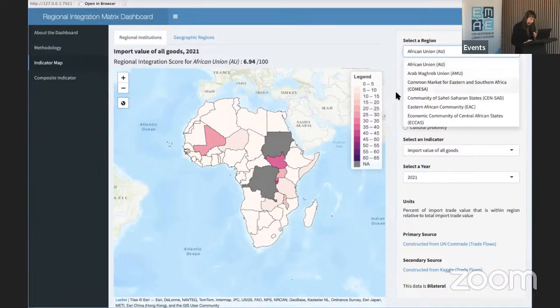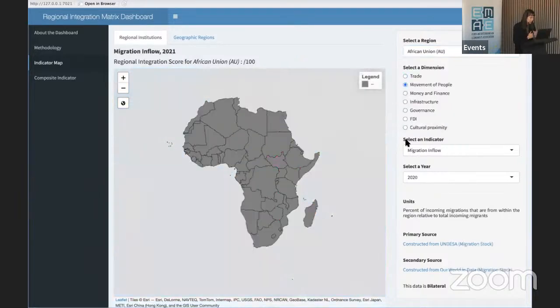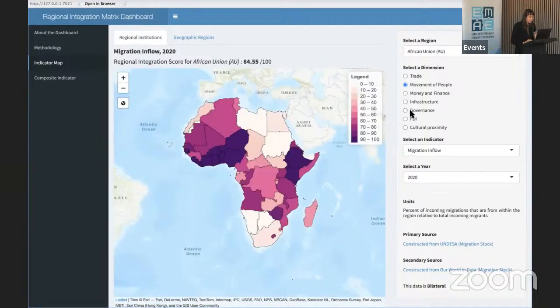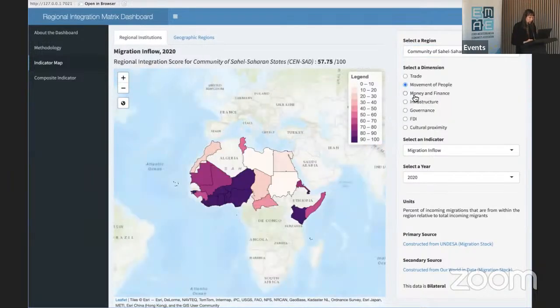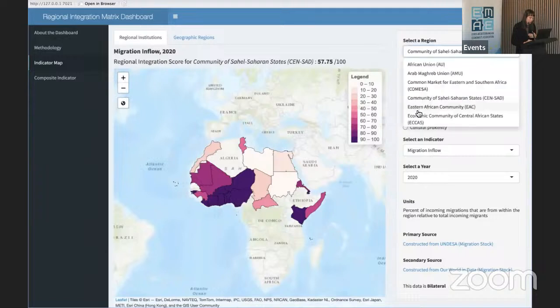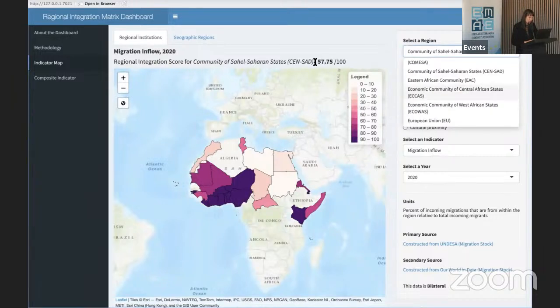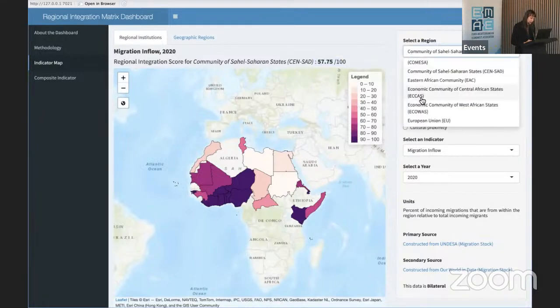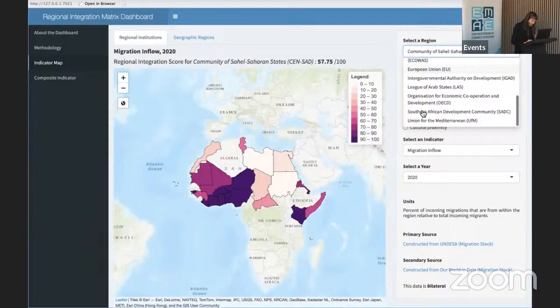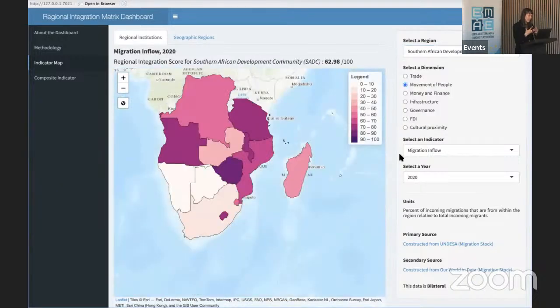Let's go to migration flows. As you select each one, you're brought to see the different score, the different map, the different area. It zooms right over the area and gives you a different legend.